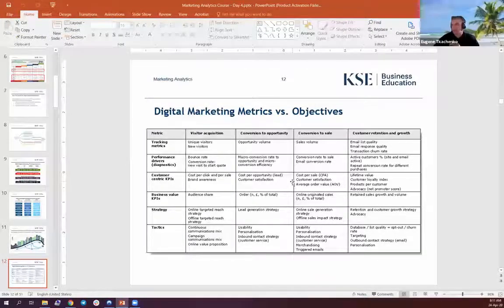So if we were having customer-centric KPIs, cost per opportunity and customer satisfaction at the conversion to opportunity stage, all of a sudden we are getting cost per sale, customer satisfaction, and average order value metrics for the conversion to sale stage. So again, something that can be used interchangeably based on your business format, business model, as well as the way you're running marketing.